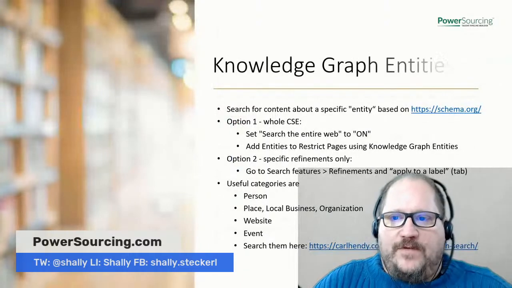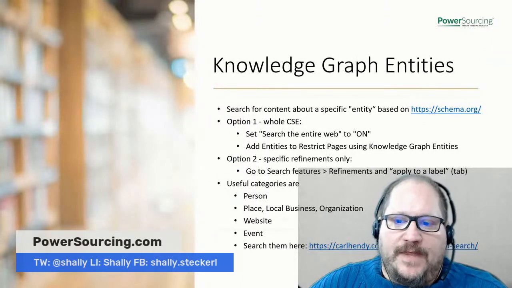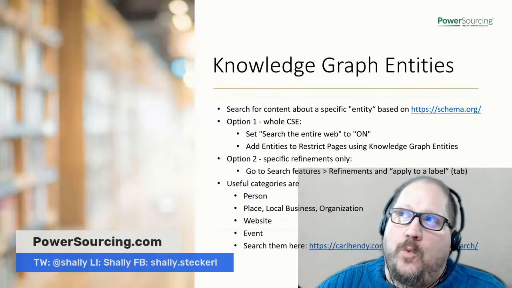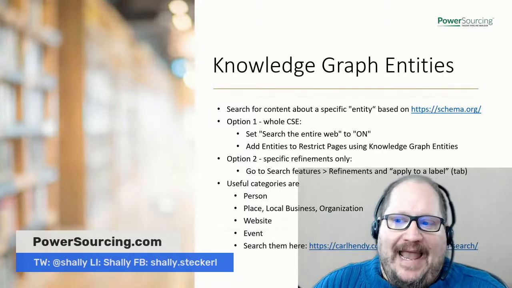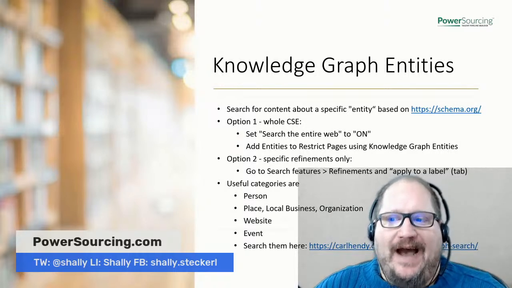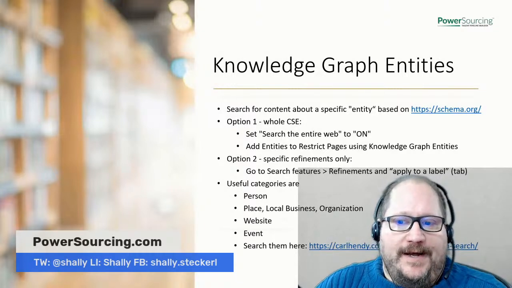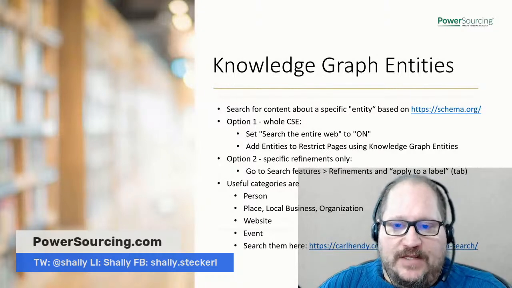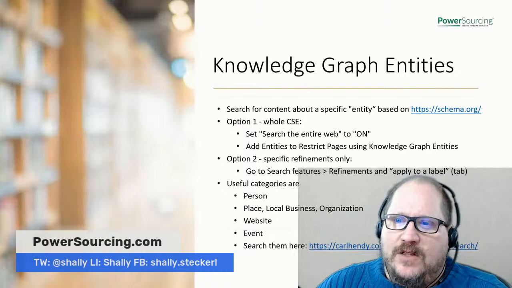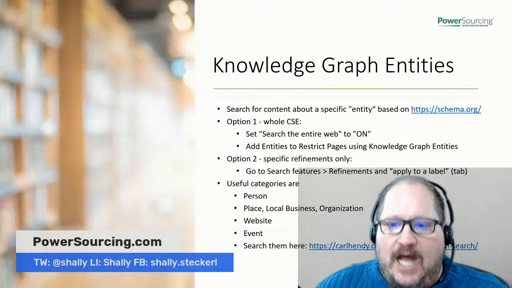Here we go. Okay, so inside of your custom search engine, there are 2 ways that you can add restrictions to your search without having to get very specific on, say, the websites that you want to search or search strings that you have constructed. So these are kind of large ideas and concepts.